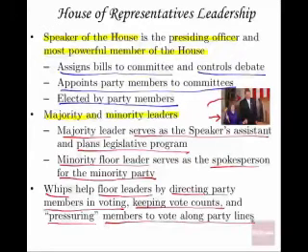So again, it's a good representation of what the leadership in the House have to go through, and some of the dilemmas that they have if members within their party want to break ranks and vote in opposition to what the party wants.